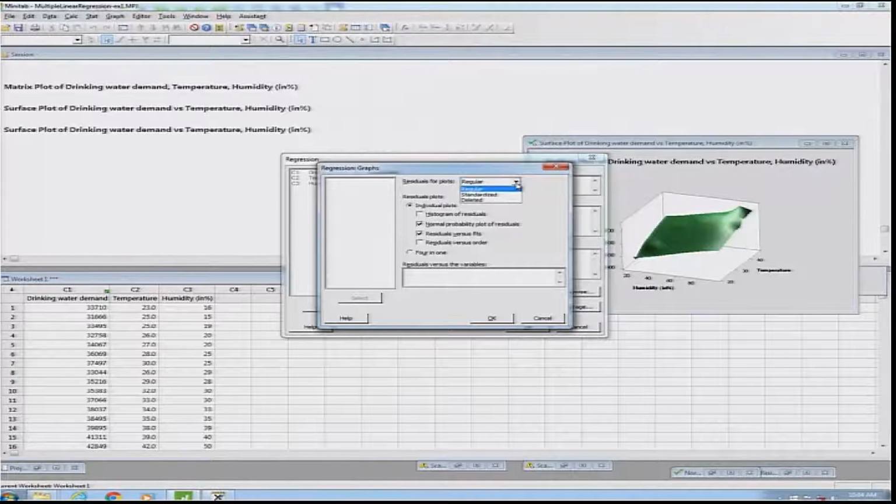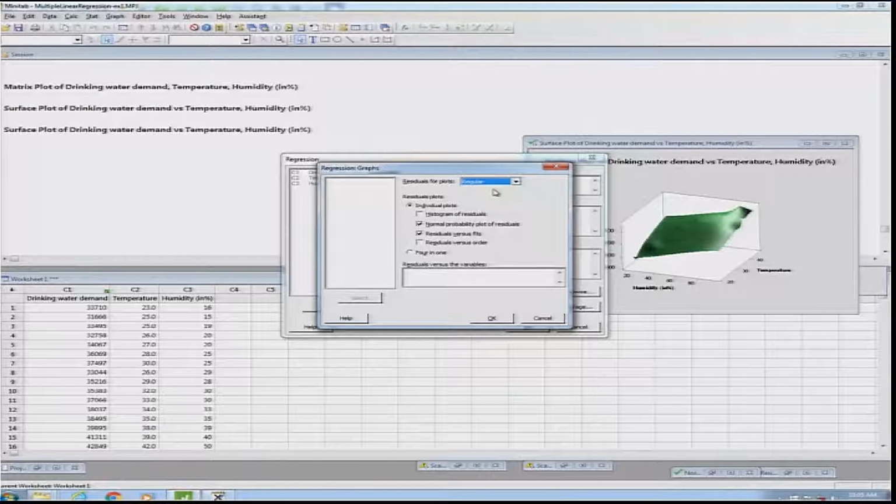Now, here we have three options for making these residual plots: simple residuals that we have defined by epsilon i hat, standardized residuals that we have defined as d_i or r_i, studentized residuals, and deleted residuals that we had defined as e_(i).